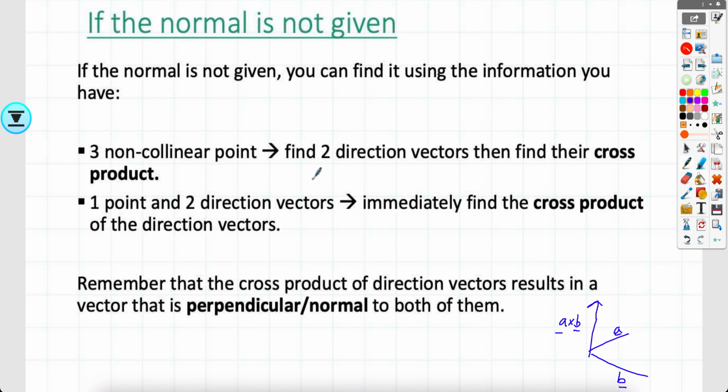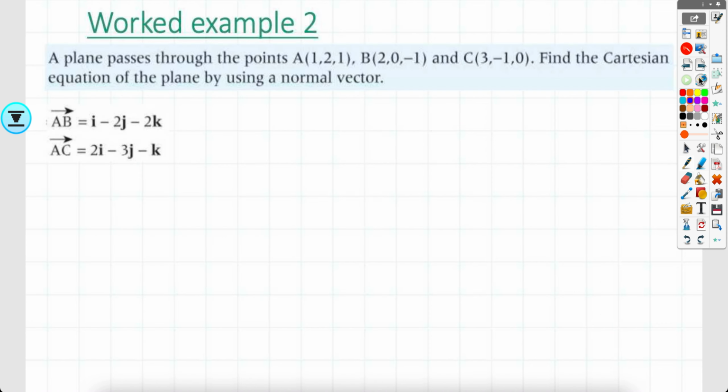So if you're given 3 collinear points, you find the 2 direction vectors, find their cross product. Or if you're given 1 point and 2 direction vectors, then immediately take the 2 direction vectors and find the normal, the cross product. And the result that you have will basically be your normal plus the other points that you have from the initial information.